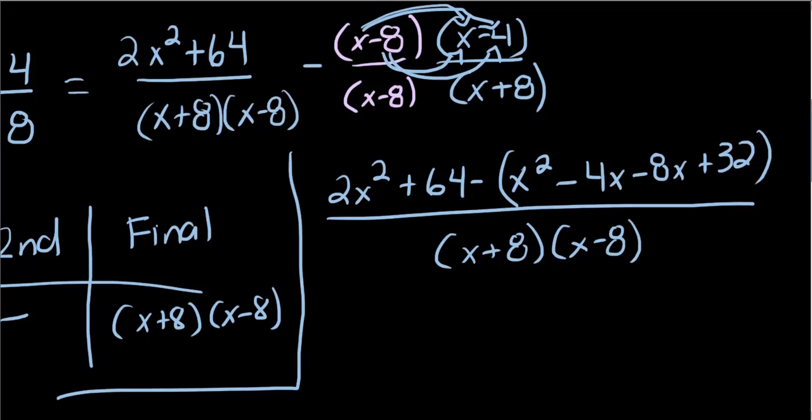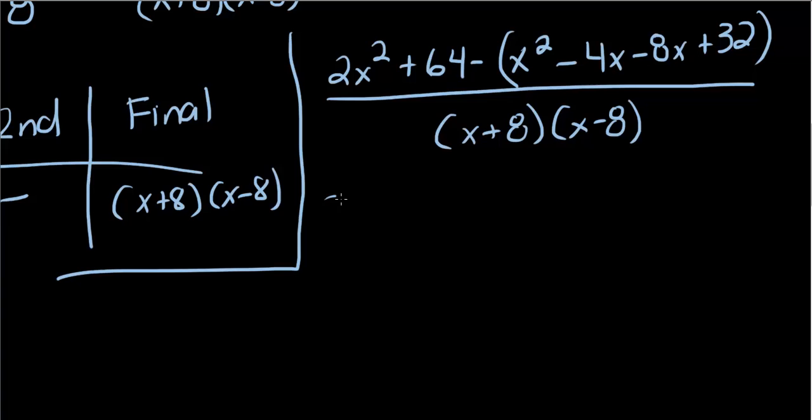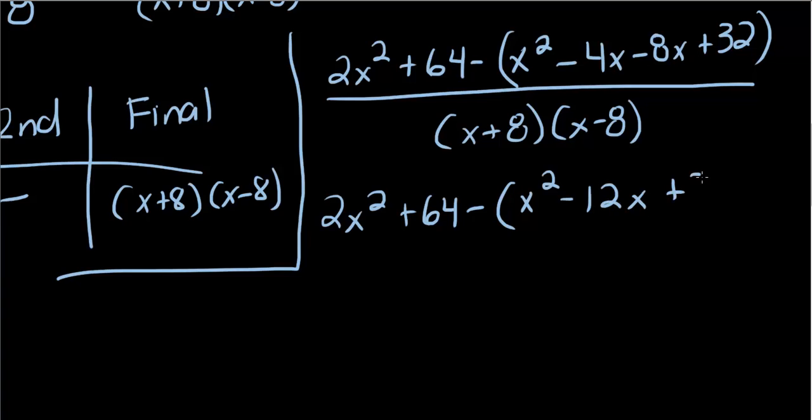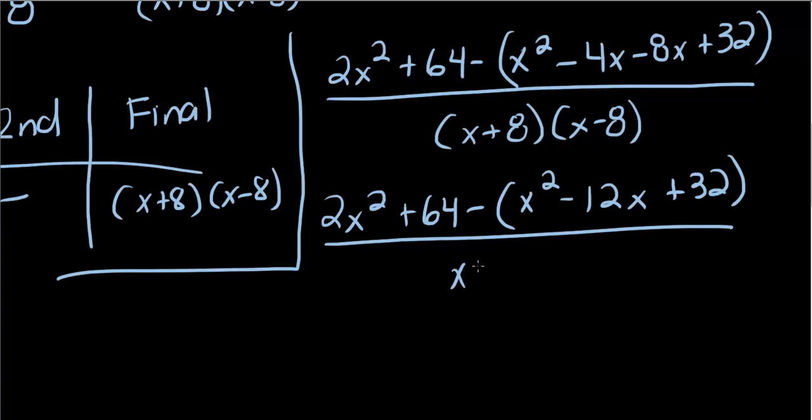So now we're going to combine like terms inside of the parentheses. So that is 2x squared plus 64 minus parenthesis x squared, negative 4x minus 8x is negative 12x plus 32, over (x plus 8) times (x minus 8).